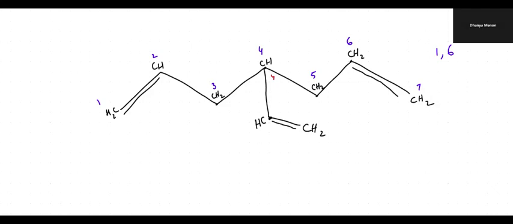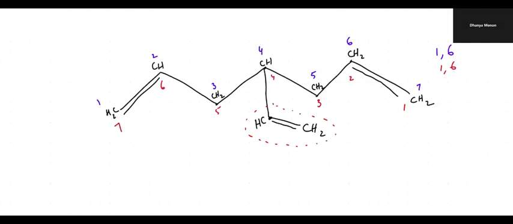Okay, so if we number from this side, 1, 2, 3, 4, 5, 6, 7. This way also, you're getting the double bonds at the first and the 6th position. So it is symmetric. And in both cases, you're getting the substituent at the 4th position. Now this has become your substituent. Okay, you cannot include this double bond also in the numbering.